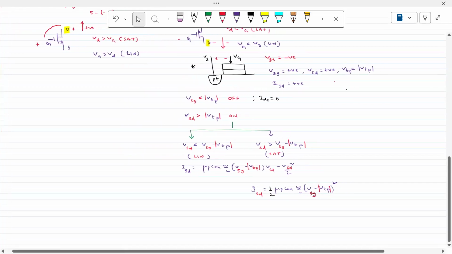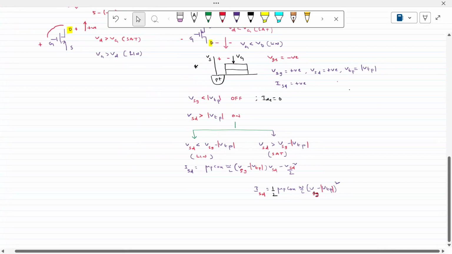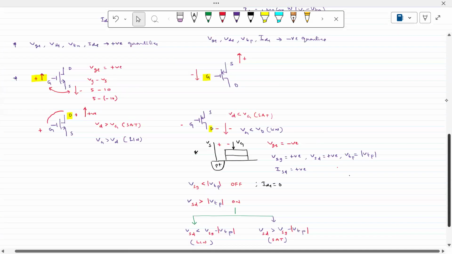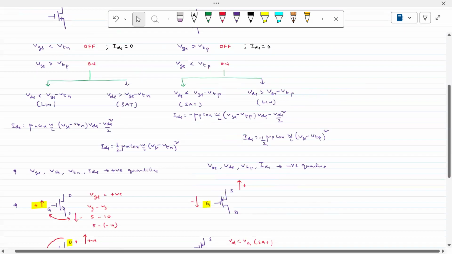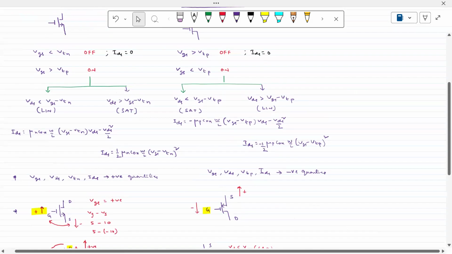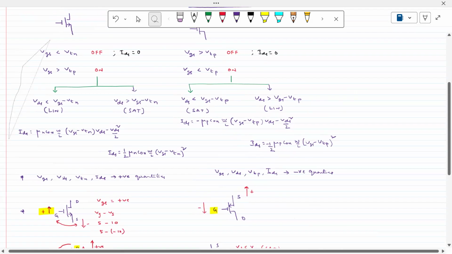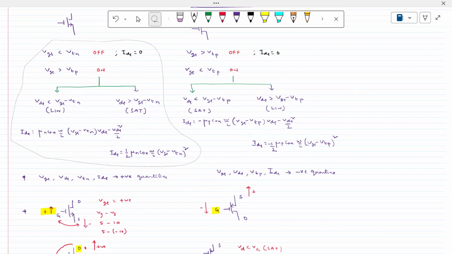Whatever we have seen for the NMOS case, the same thing applies. If you are not comfortable writing everything as negative quantities, we can also write them as positive quantities. It's up to you. Whichever way you are comfortable, you can use that. I'm not insisting we have to use only this kind of thing.